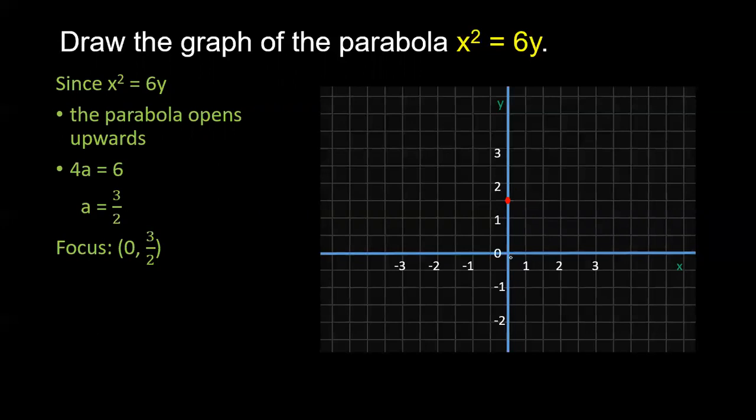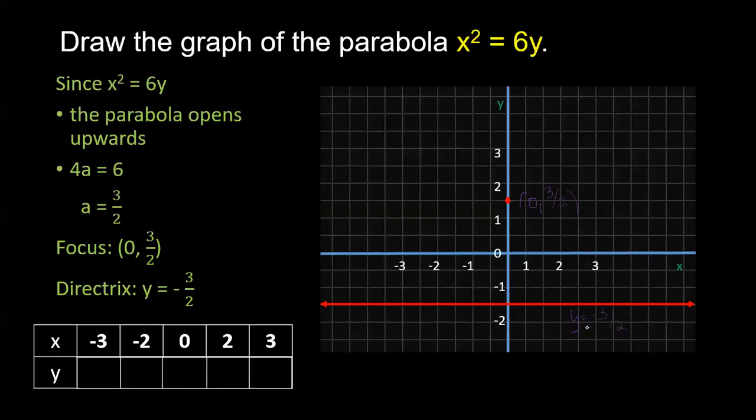And the directrix, it's found below the x-axis. So it's y is equal to negative 3 halves. So this will be (0, 3 halves). And this directrix will have equation y is equal to negative 3 halves. Okay? So to draw the graph of the parabola, let's have a table of values.